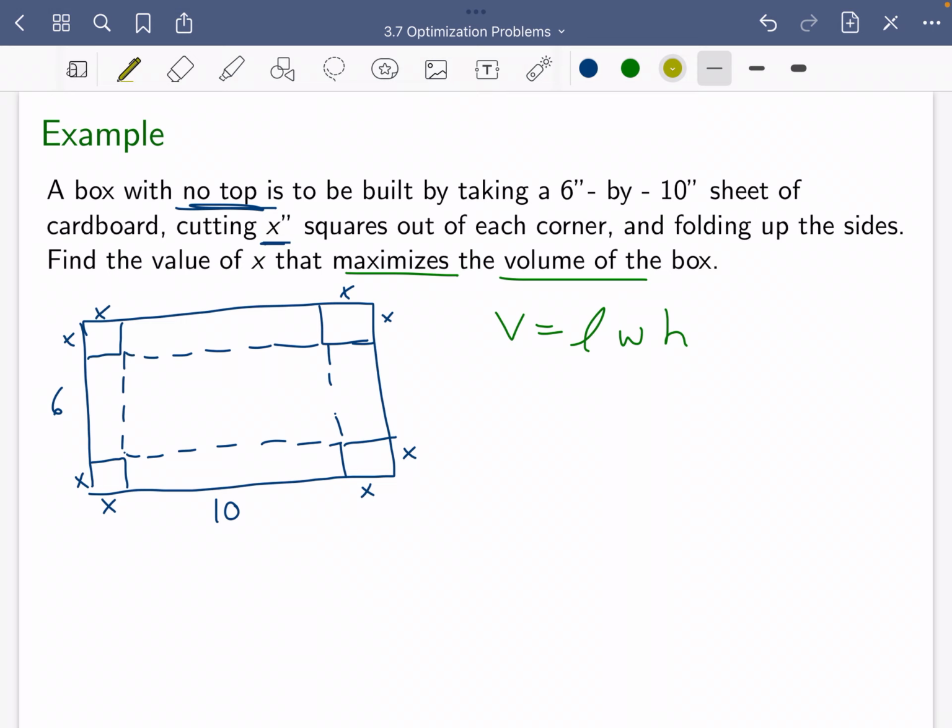So the length of this box is not going to come from the entire 10, because we're folding up some of those edges. So what is the length of that box? That length is going to be 10 minus, well, you're going to subtract this x over here. Also, you're subtracting this x over here. So 10 minus 2x. That is the length of our box.